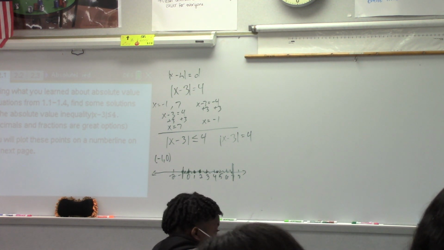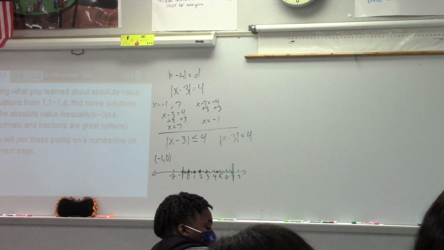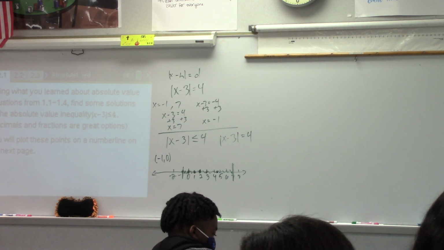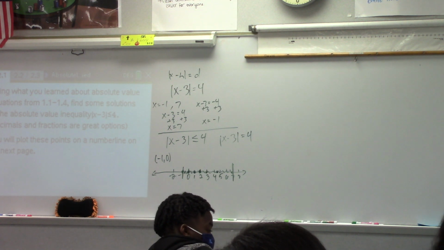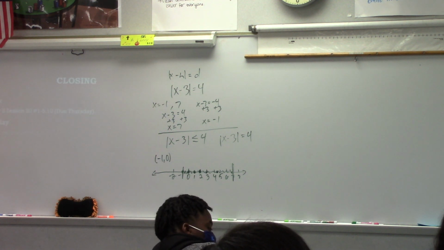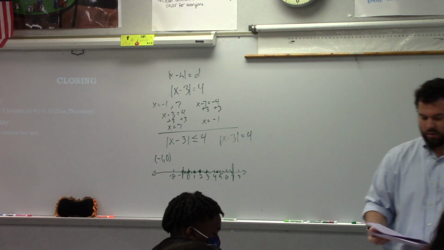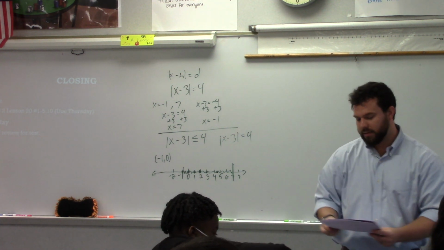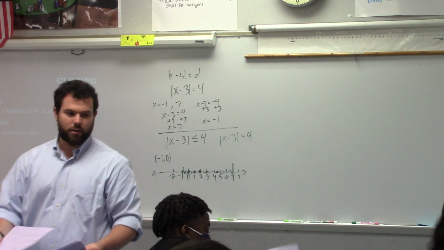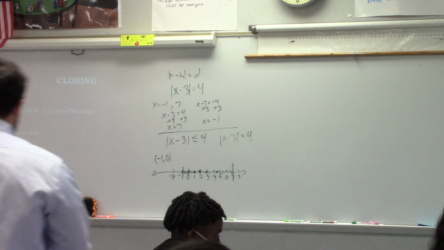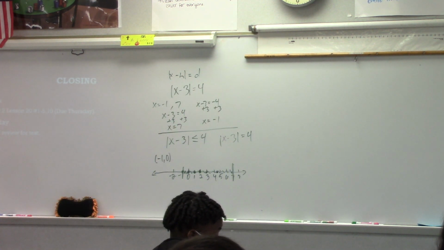Before we wrap up, I do want to go ahead and give you your review for the test. Don't forget, the lesson 20 stuff is due on Thursday, which is when we are going to be testing. I don't know if it was this class or another class that asked if I could make something a different color so it's easier to find.